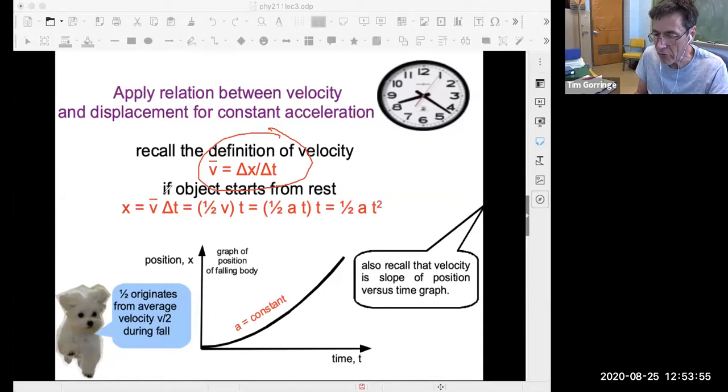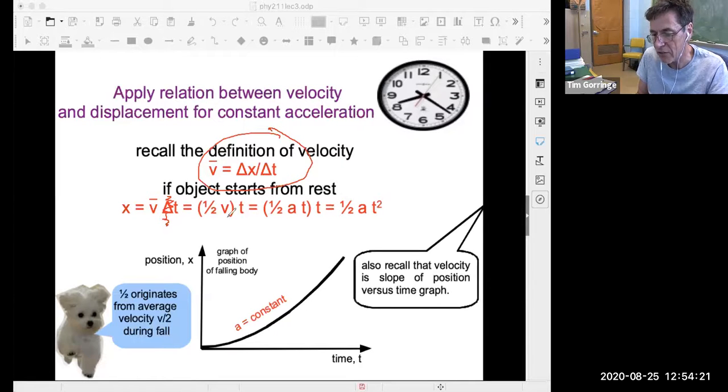And so I rearranged the equation here for x. So this is the displacement equals the average velocity times the time interval. And the time interval, I can write it delta t, or if I imagine starting the clock at time 0, I can just think of this as average velocity times time.